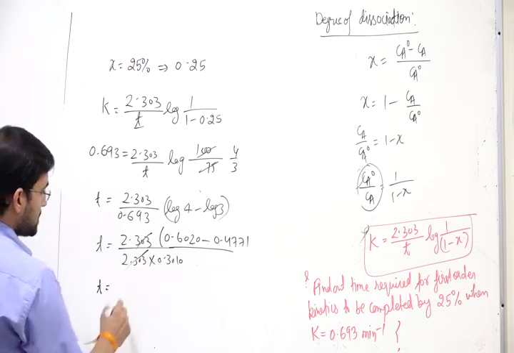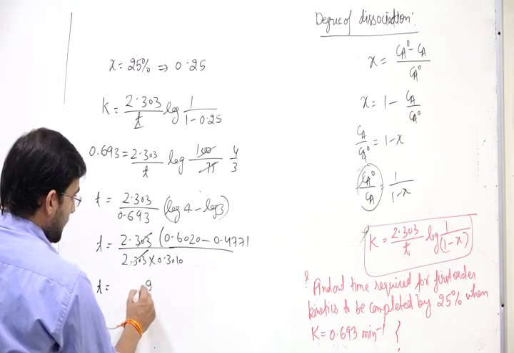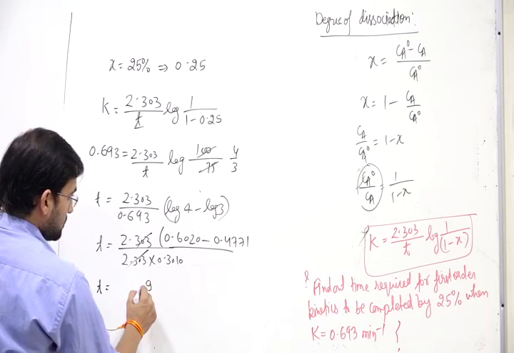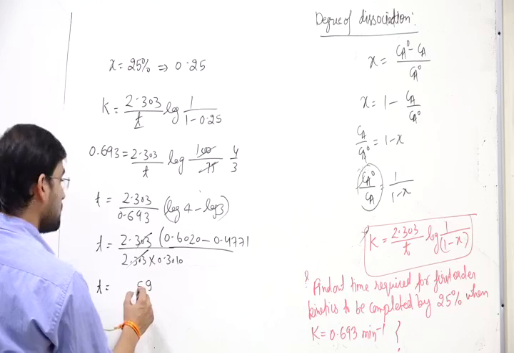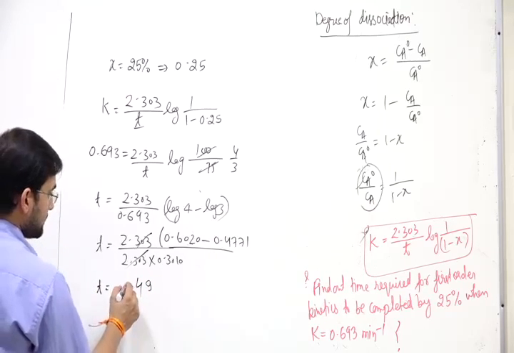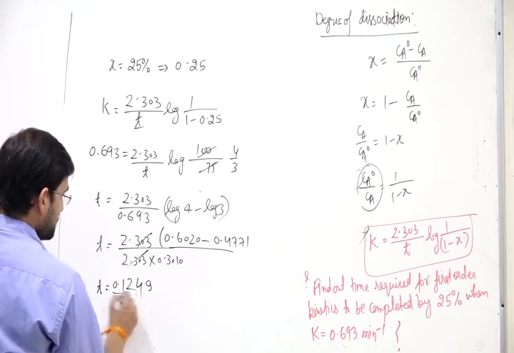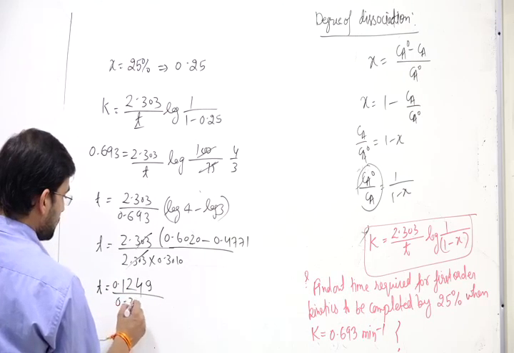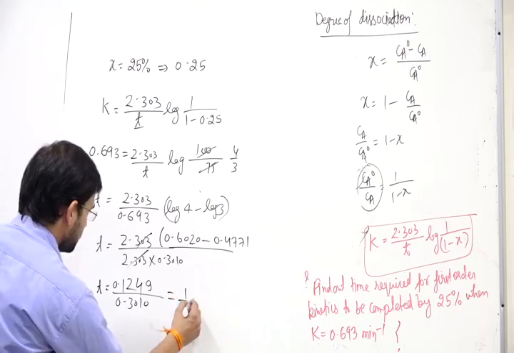What is remaining is 0.1249 by 0.3010, so that cancels out to somewhere around 1 by 3 minutes.